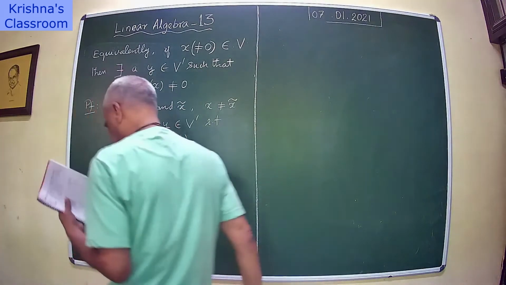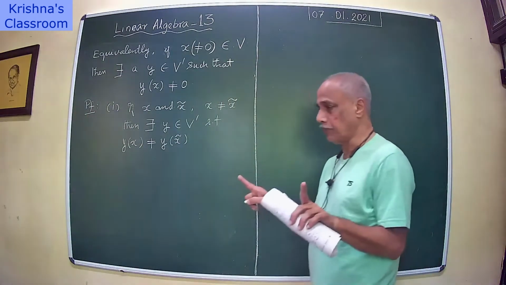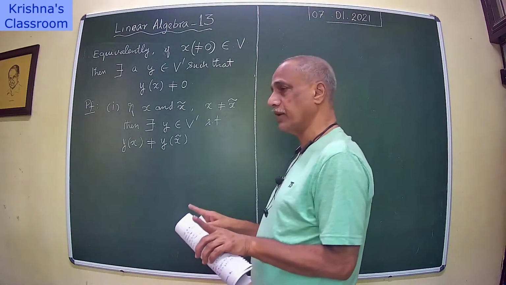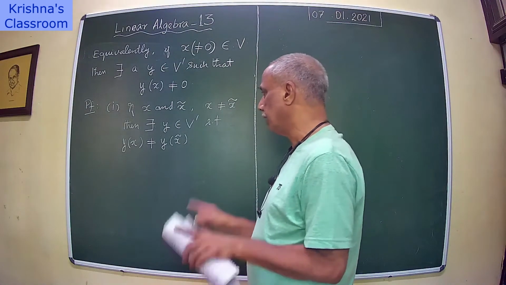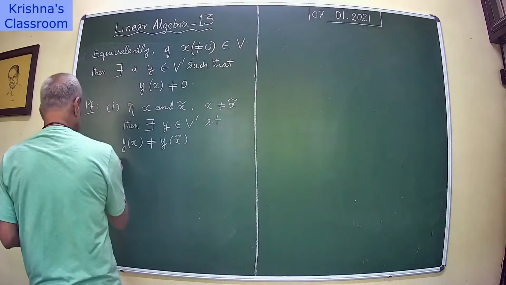That means there exists a linear functional on V which separates these two points in the sense that y of x is different from y of x tilde. The second statement is this.